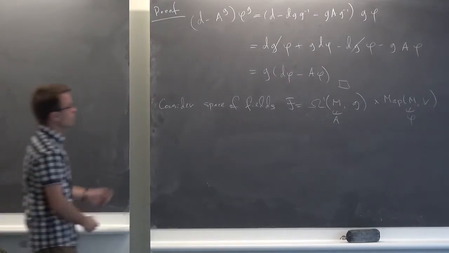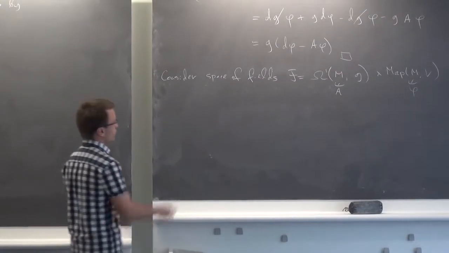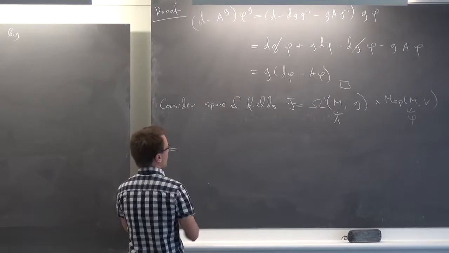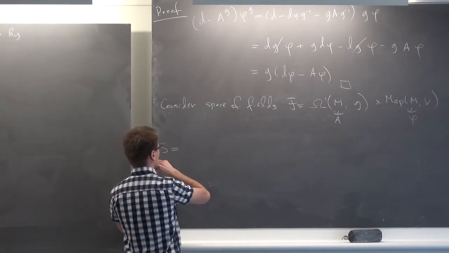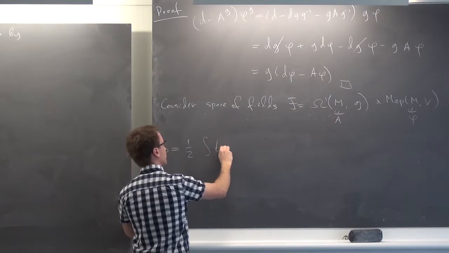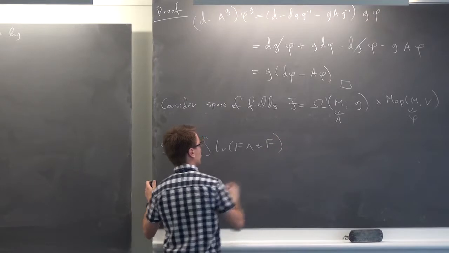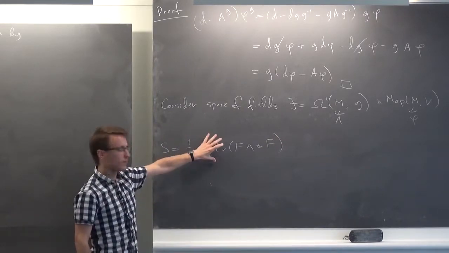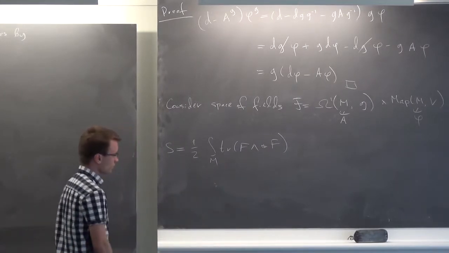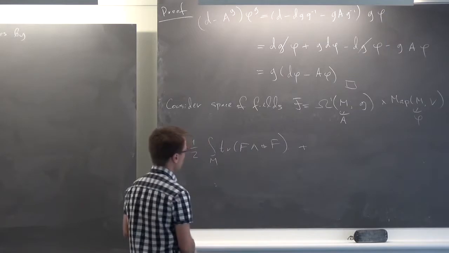Now, for the action, I'll take the following expression. Let's take one half trace of F wedge star F. This is like in Yang-Mills theory. And then there will be a term that depends on phi.